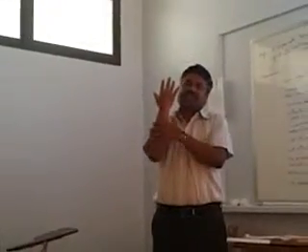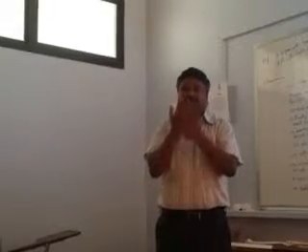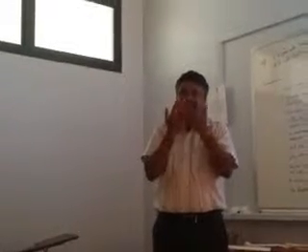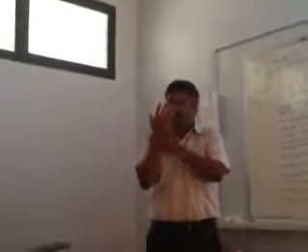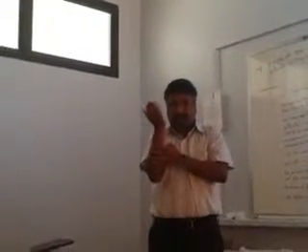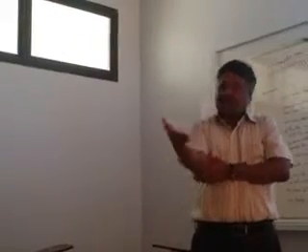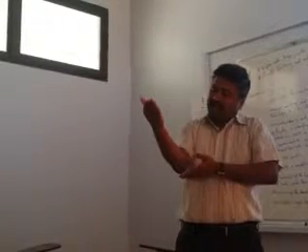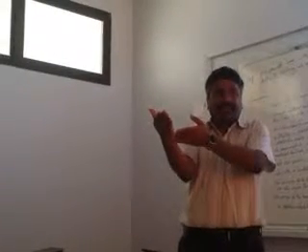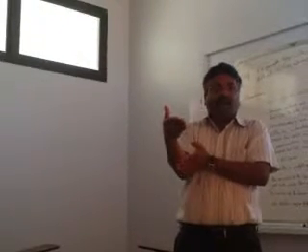Similarly, for extension: extensor carpi ulnaris, extensor carpi radialis longus, extensor carpi radialis brevis, extensor digitorum, they all do extension. And then adduction or ulnar deviation. Which muscles are there here? Flexor carpi ulnaris and extensor carpi ulnaris. They do adduction or ulnar deviation.